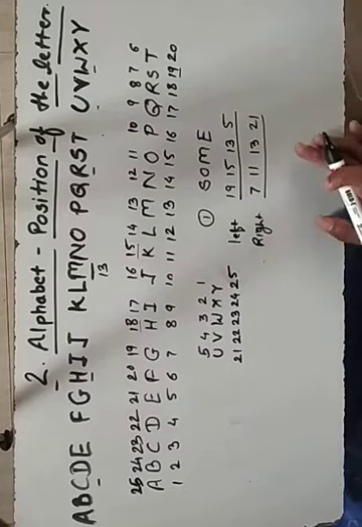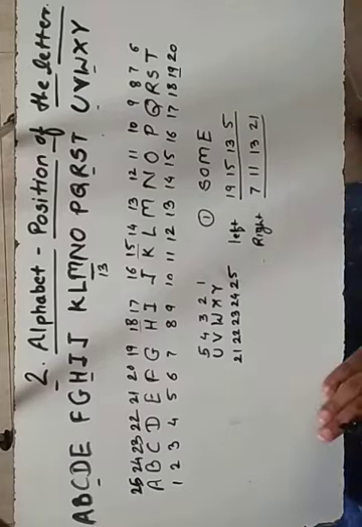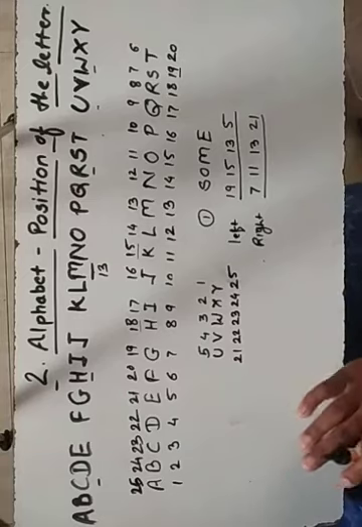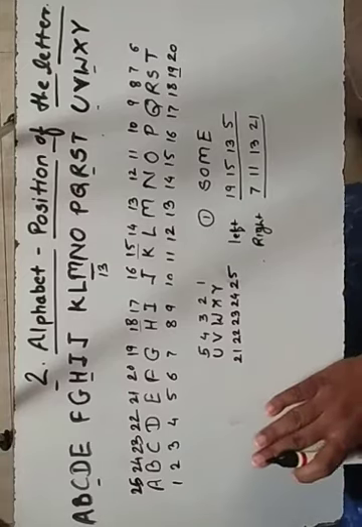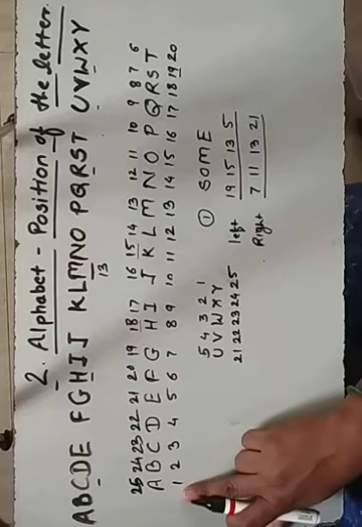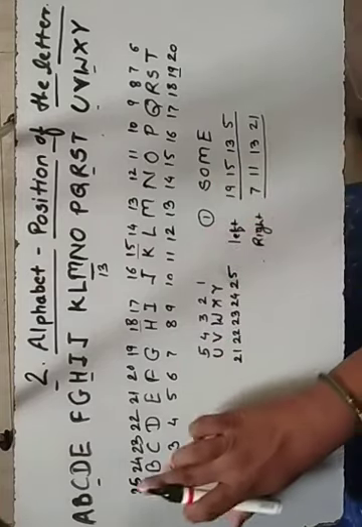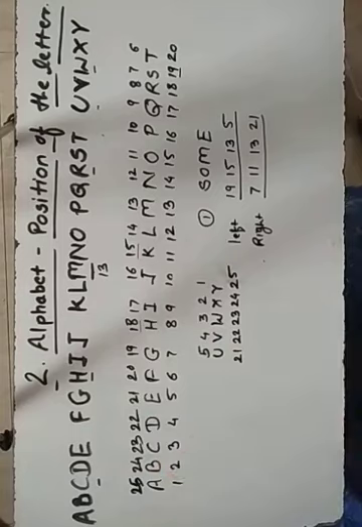So in this way we have to solve the questions based on this series. Now we will see some of the questions based on this. So first of all I will rub this, and then we will refer to the above series only.